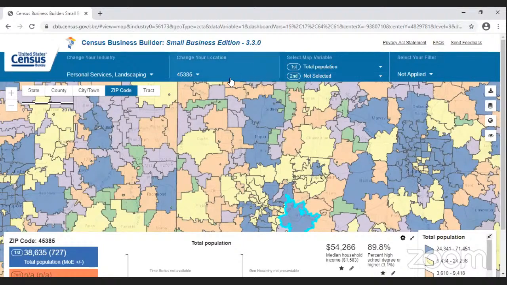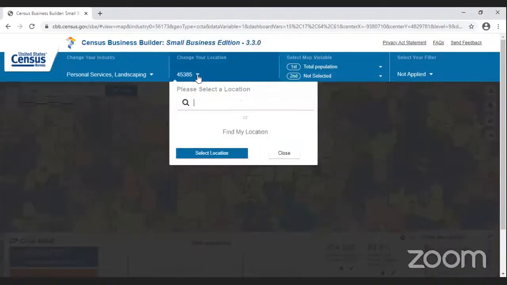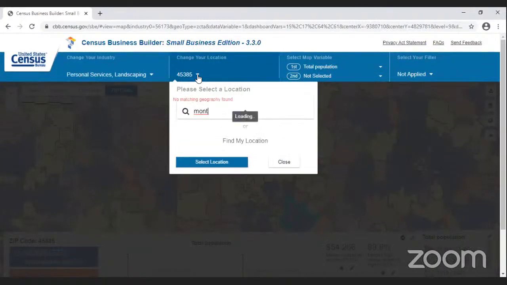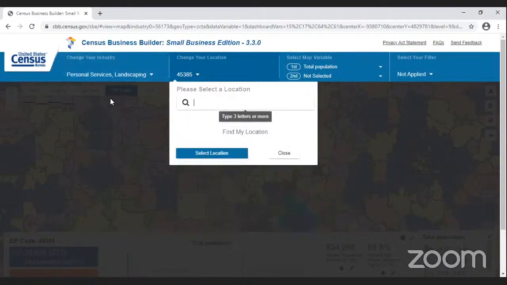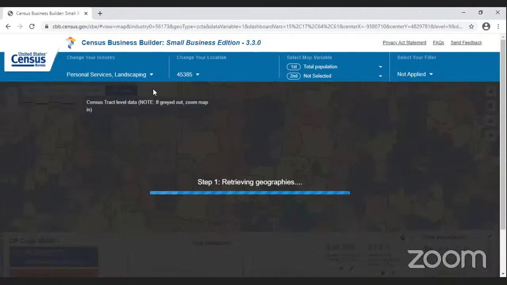Let me go back to county. Montgomery. Oh, before I do that, I'm going to do one last thing. I'm going to show you, you can go down to the census tract level. And when you go down to the census tract level, all our business data is not available at that level.